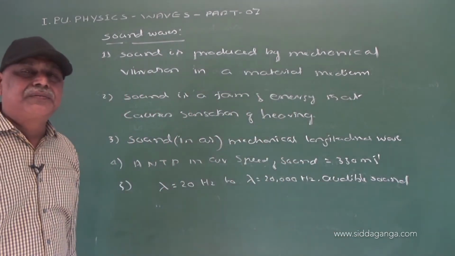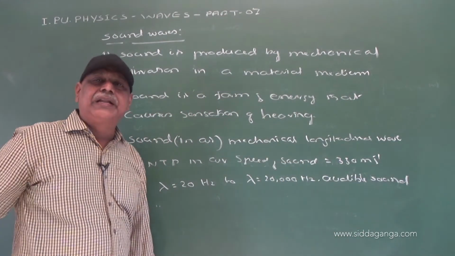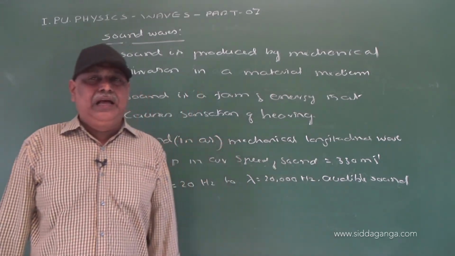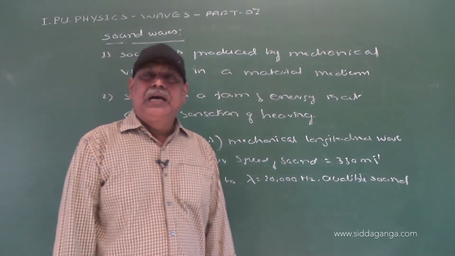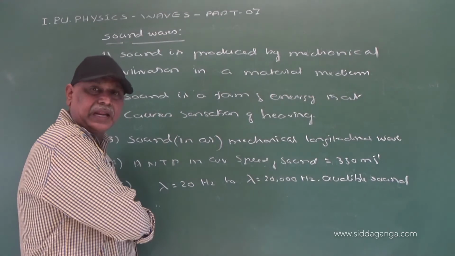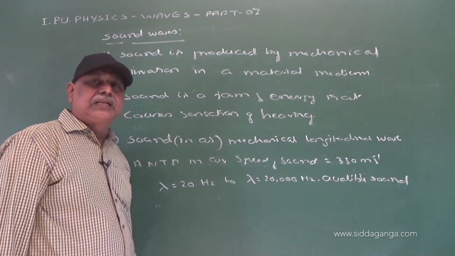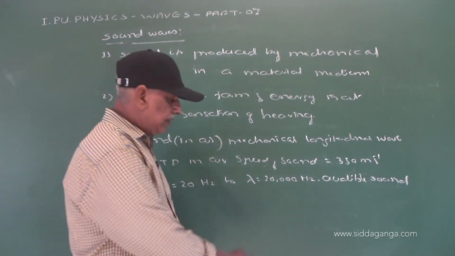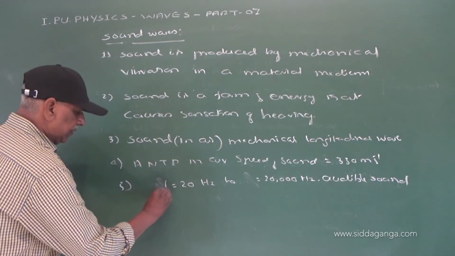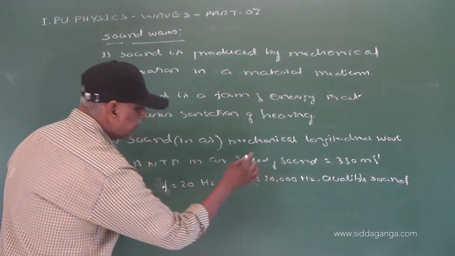Sound of frequency less than 20 hertz is called infrasonic. Dolphins and dogs are sensitive to infrasonic. Sorry, this is about frequency.